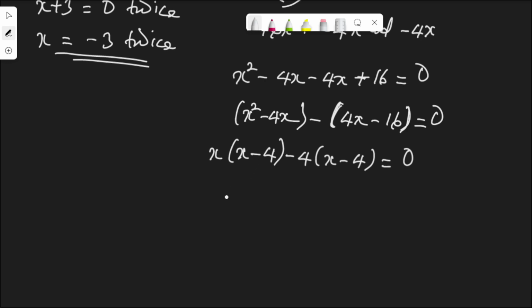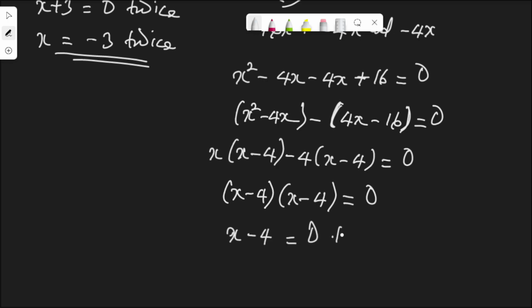We have a common factor x minus 4 and another one again, x minus 4, pairing this together, equal to 0. The pairs are the same, so x minus 4 equal to 0 twice. Hence, x is equal to 4 twice.